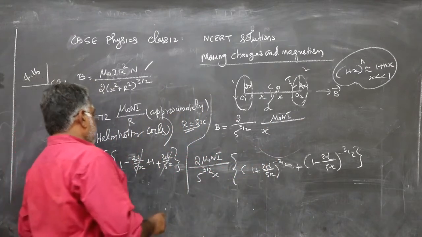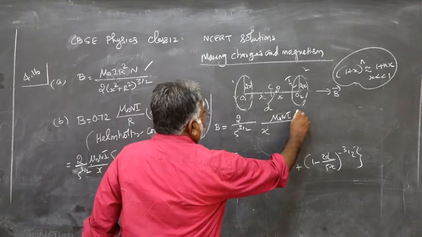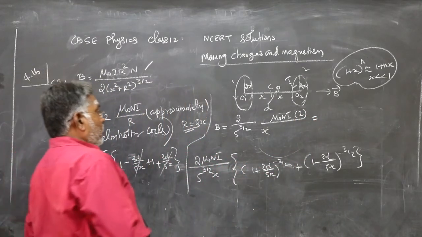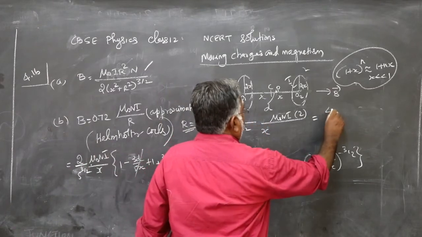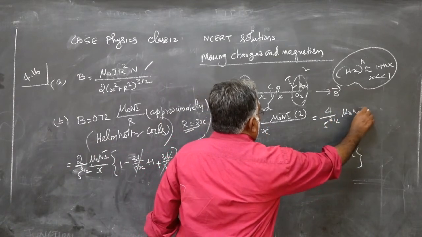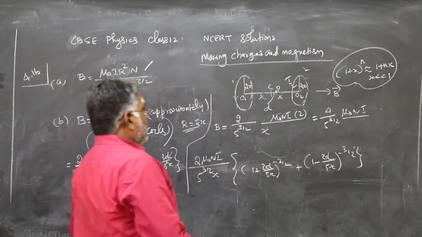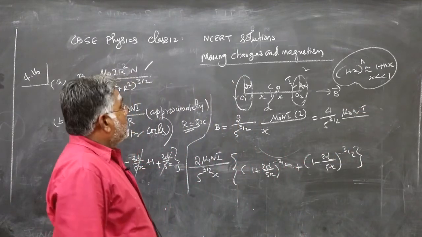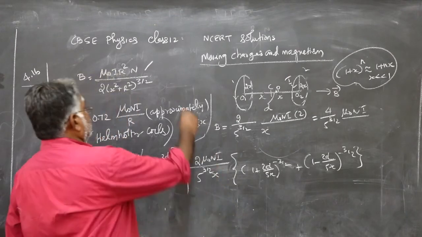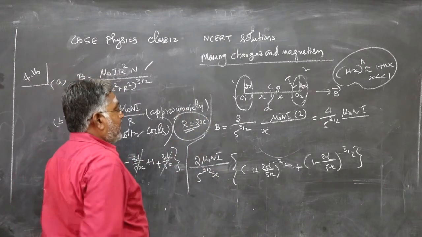In the numerator you have 2, so 4 divided by 5 power 3 by 2 mu naught ni by x, but you see 2x is equal to r. So x is r by 2.